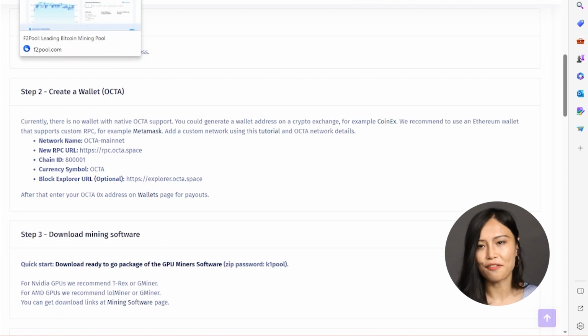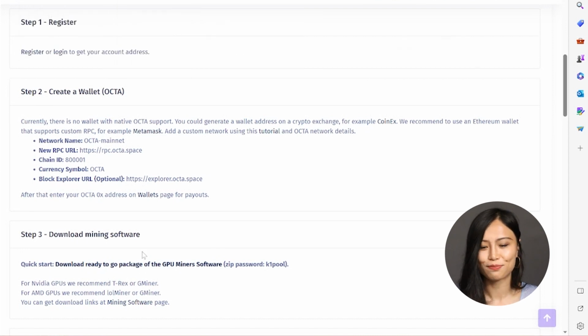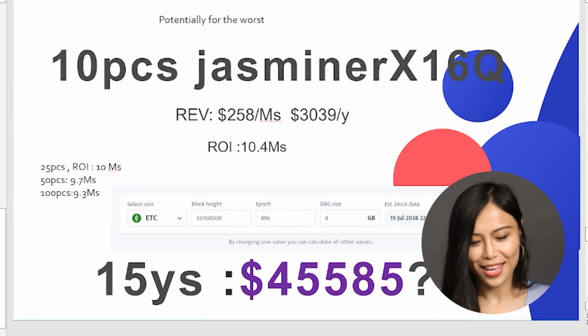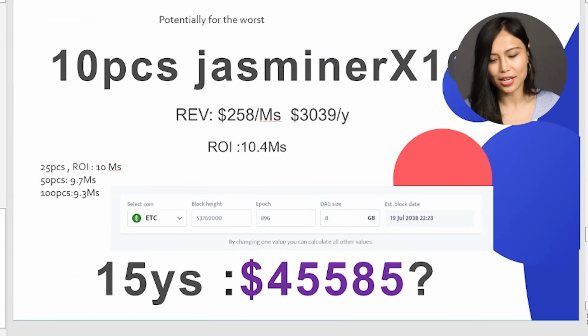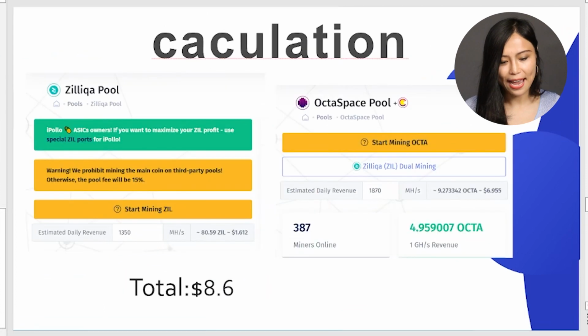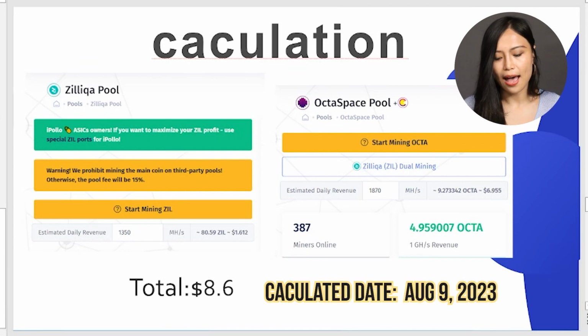If you have Jasminer X16, no matter if you're a YouTuber where you accidentally get some Jasminer X16-Q, you can try now. So here is the amazing part. I did a calculation based on when the data is really not that decent, right? As you can see, when I calculate the total, when it's only $8.6 a day for revenue, I just calculated in that way.